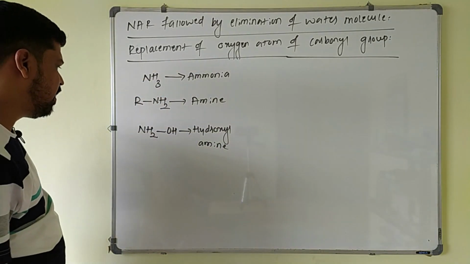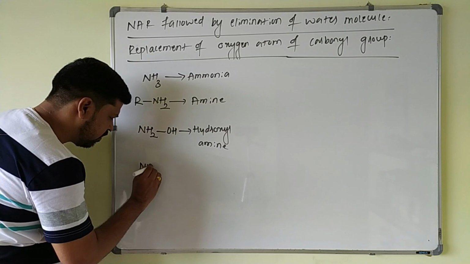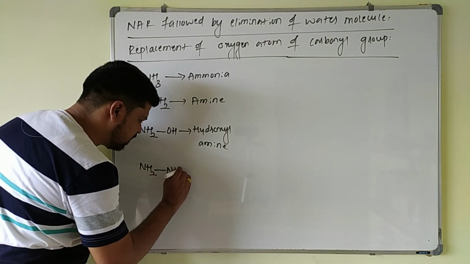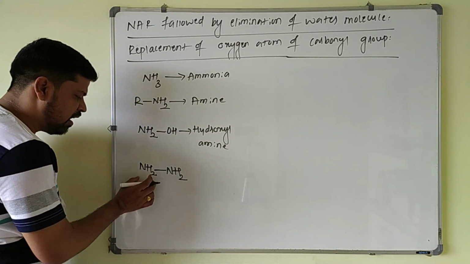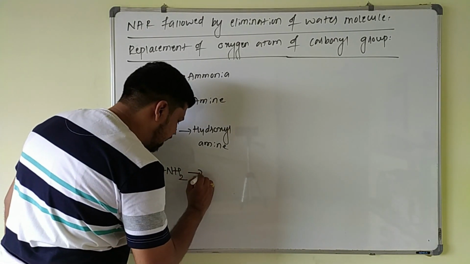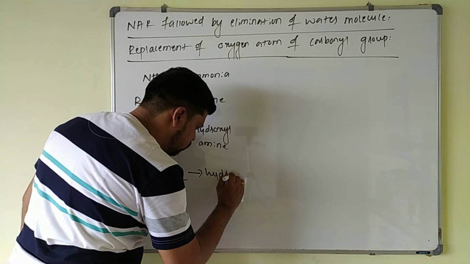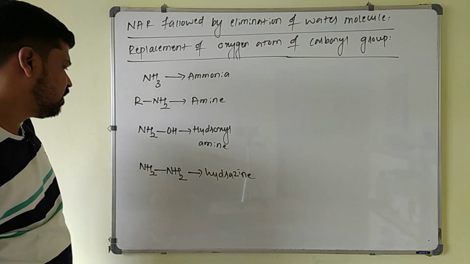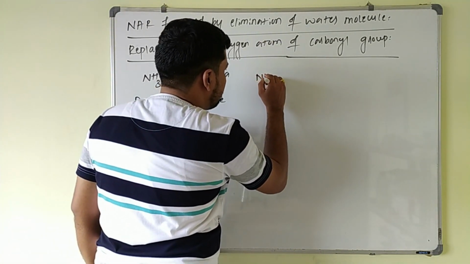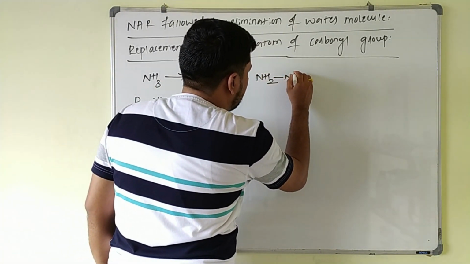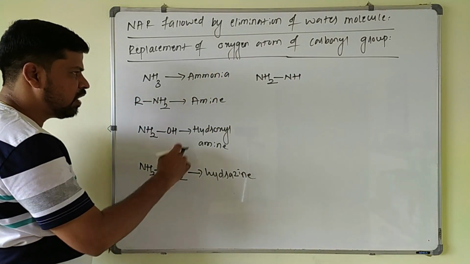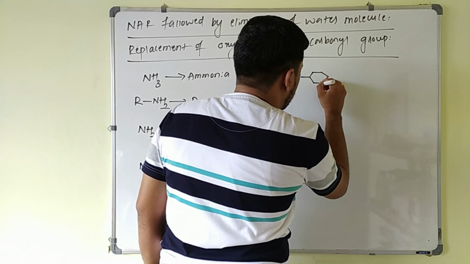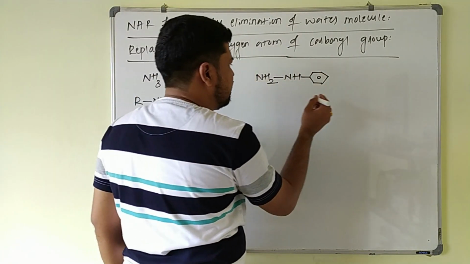NH2OH is hydroxylamine. Now if instead of a hydrogen another NH2 group is attached to this one, this is NH2 and NH2, this is called hydrazine. Now in this hydrazine, NH2 NH, instead of this hydrogen if I attach one phenyl group here, this is called phenyl hydrazine.